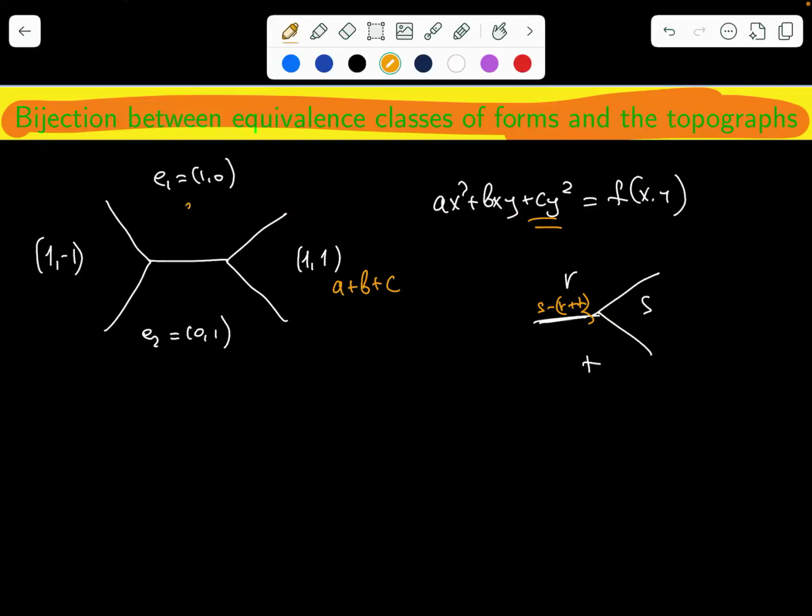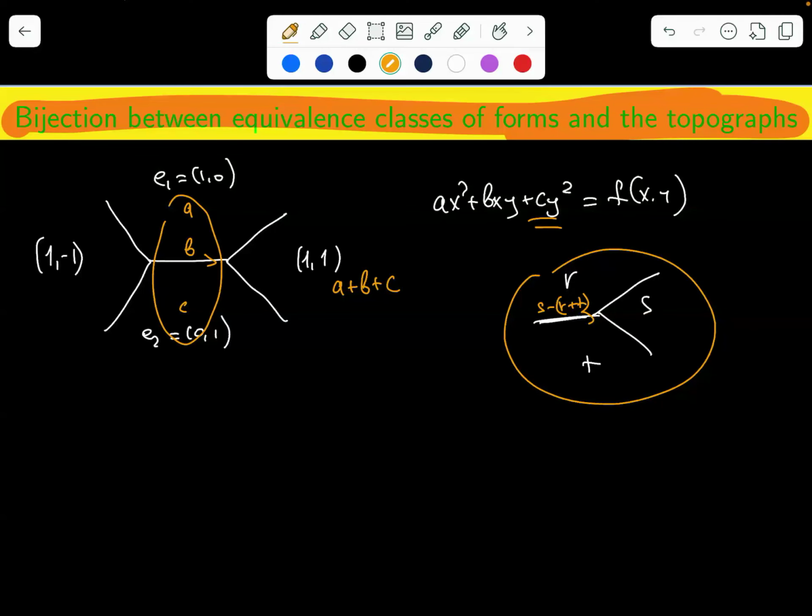So here it's A, here it's C. And anyway, we just write B here, right? Because here we should write A plus B plus C, minus A minus C, according to this rule on the right. So actually it means that when you have a quadratic form and you look at the topograph, that's exactly two values near an edge.